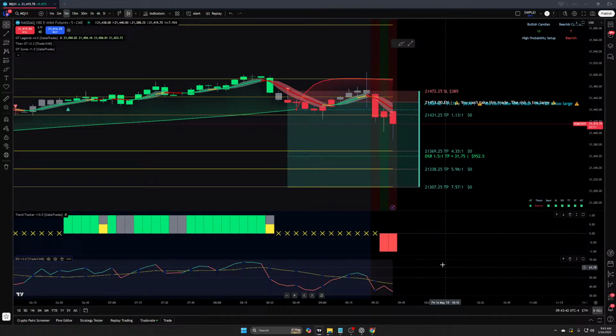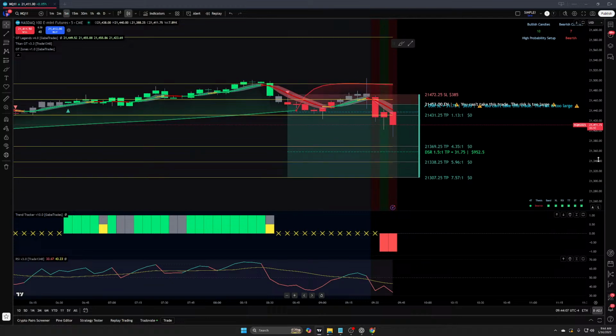Why do we want this RSI? Because we can see its current value is overextended at 32, especially for this candle. It wouldn't make a lot of sense to jump into this candle unless the RSI comes back up to its moving average just a bit. You can see that happening right there.